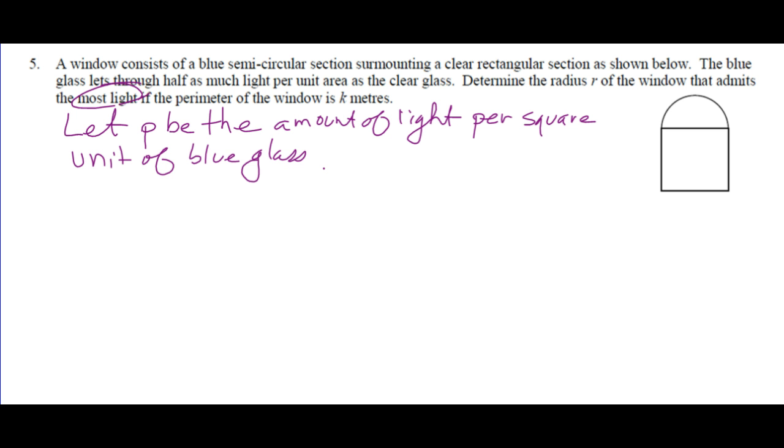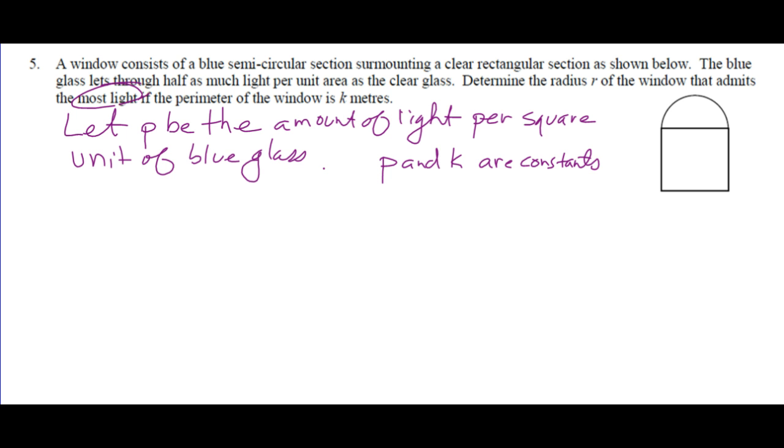So we've got p, which is the amount of light coming through, and we've got k, which is the perimeter, and k is fixed. So p and k in this problem are constants. We're keeping the perimeter fixed at k. We don't know what k is, but we know k doesn't change.